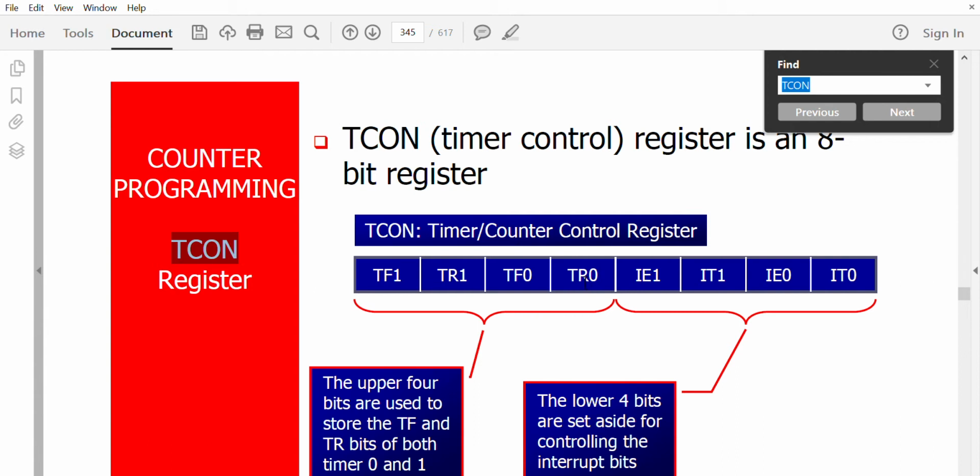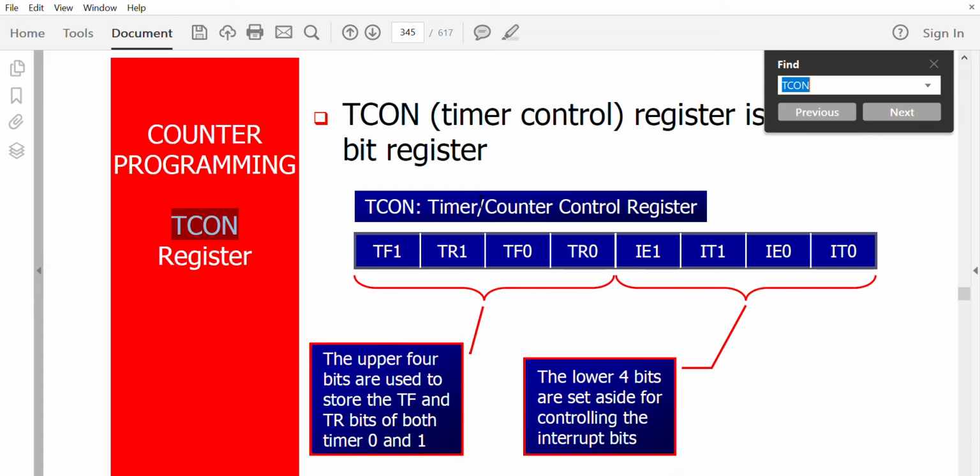So this is the TRX pin. This is another register of the timer. Just like TMOD, you have another register called the TCON register. So TRX means these two bits of the TCON register. Just understand that there are two bits here in this register, and TRX just means these two bits.